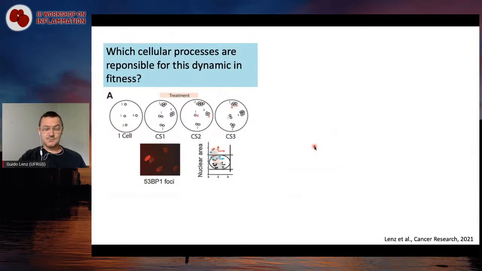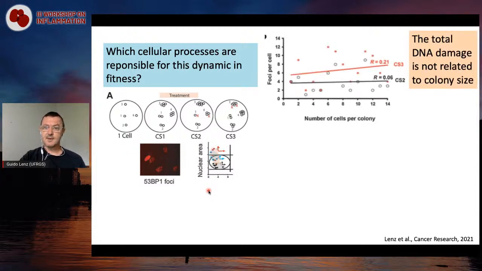Why is this? Well, we checked for some characteristics. This is an indicator, 53BP1, which binds to double-strand breaks. So it is an indicator of DNA damage. And we imaged the colonies of the cells and counted the number of foci these cells have, indicating the number of double-strand breaks that these cells had at this time.